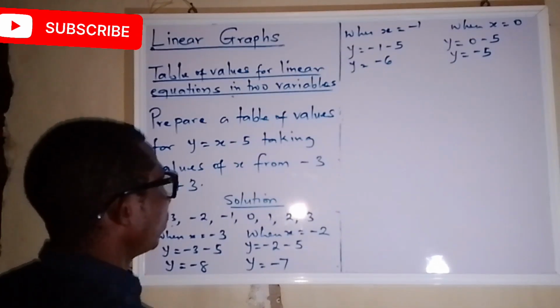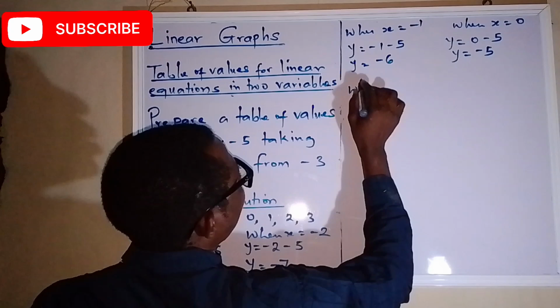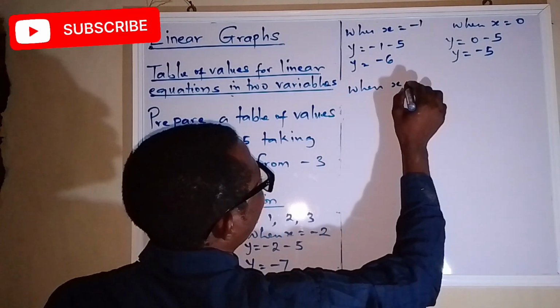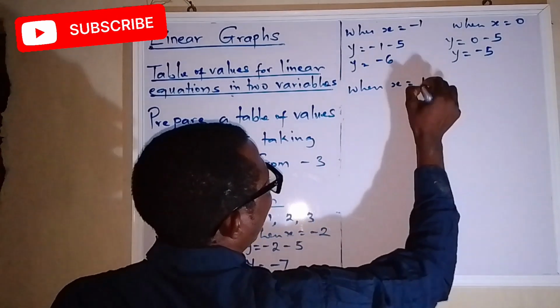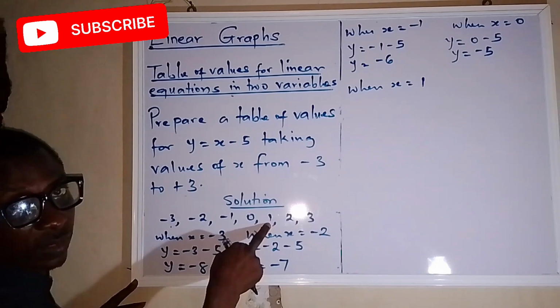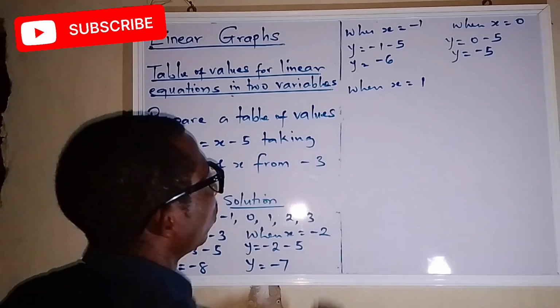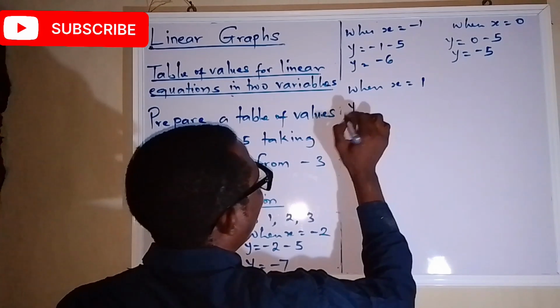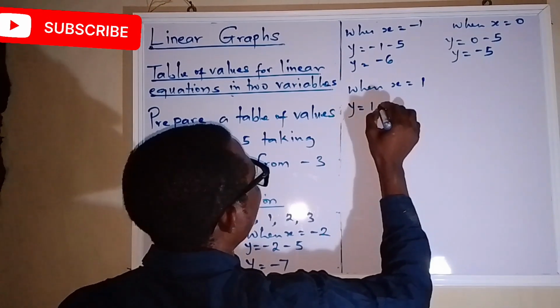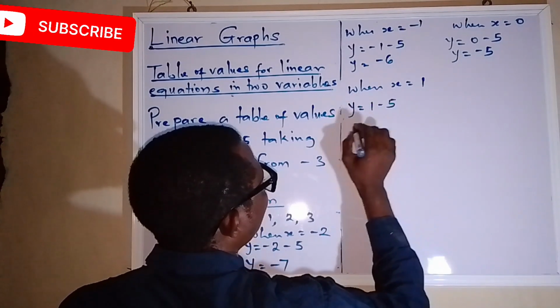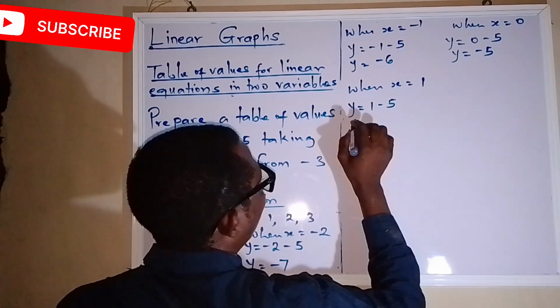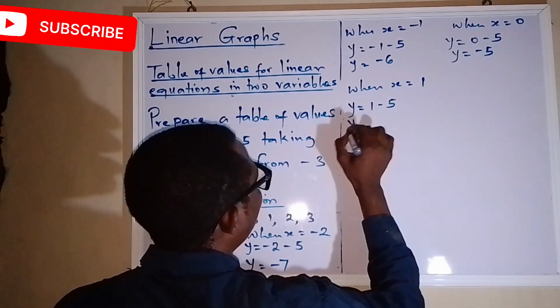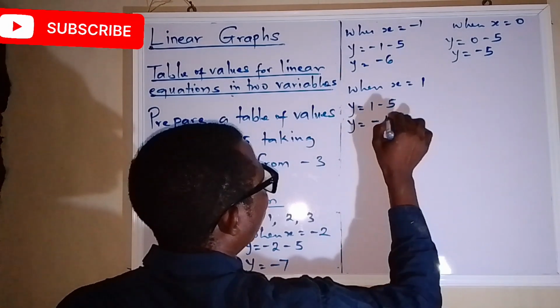Okay, now let's move to the next one. When x is 1, just after 0, what we have is 1. So you write this equation, change x to 1. Y equals 1 minus 5. So that's y equals minus 4.